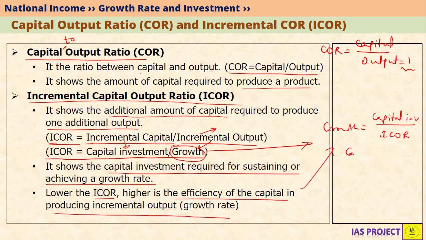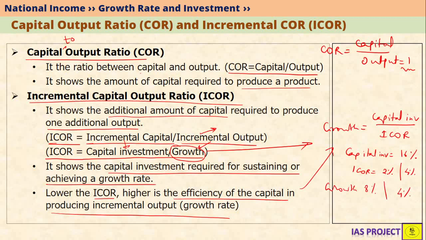Let's say capital investment in an economy is 16% and ICOR is 2%. Then growth will be nothing but 8%. Let's say if ICOR changes to 4%, then growth will be 16% divided by 4%, that will be 4%.